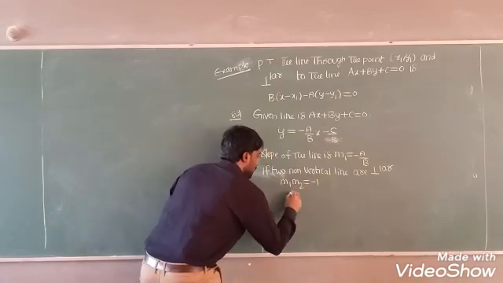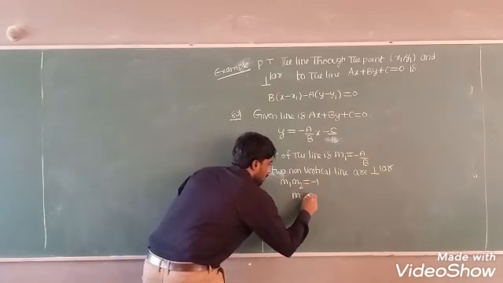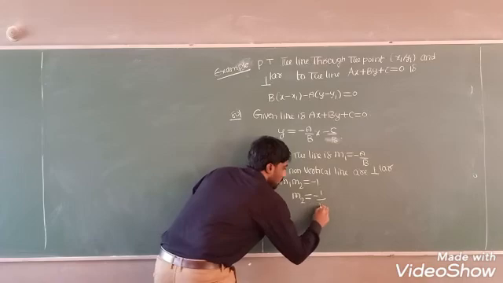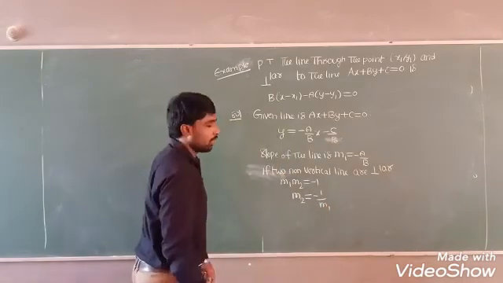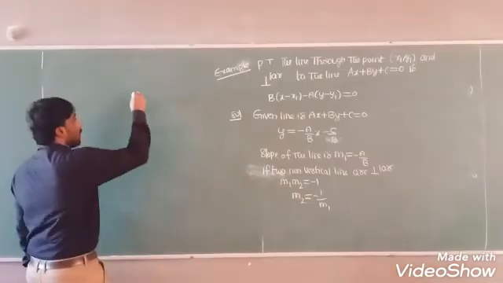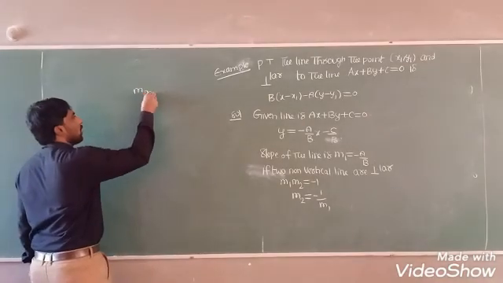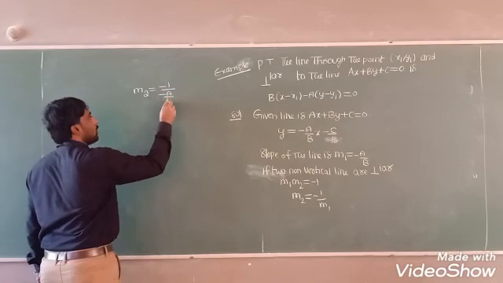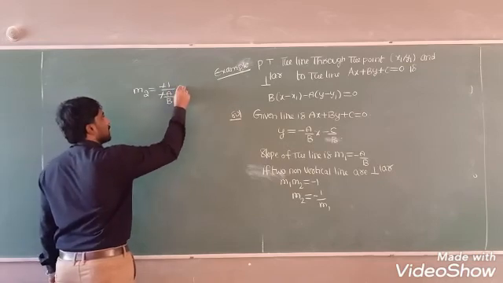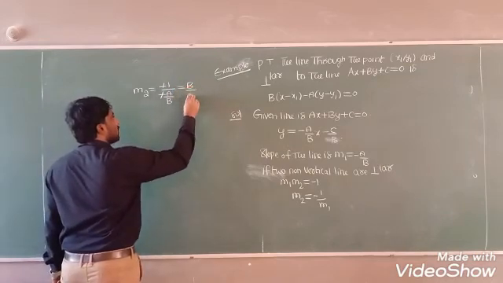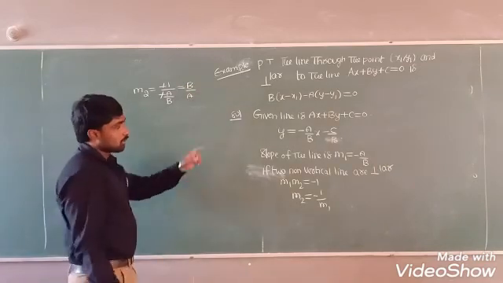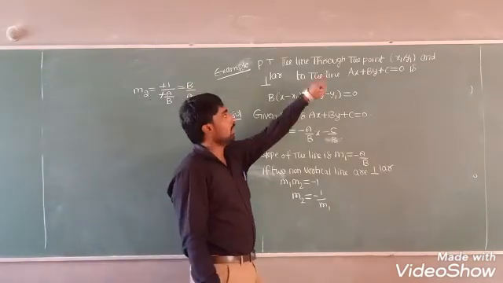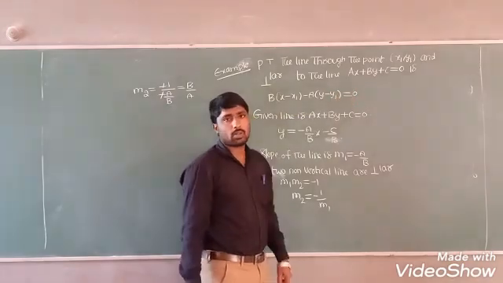So I want the m2 value here: m2 equal to minus 1 by m1. So what is m2 here? m2 equal to minus 1 by m1. The m1 value is minus a by b, so minus minus get cancelled, and I get b by a. So the slope of the second line is b by a, and it is passing through x1, y1.